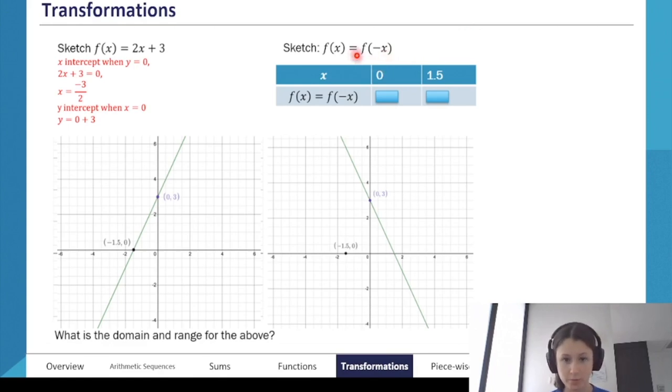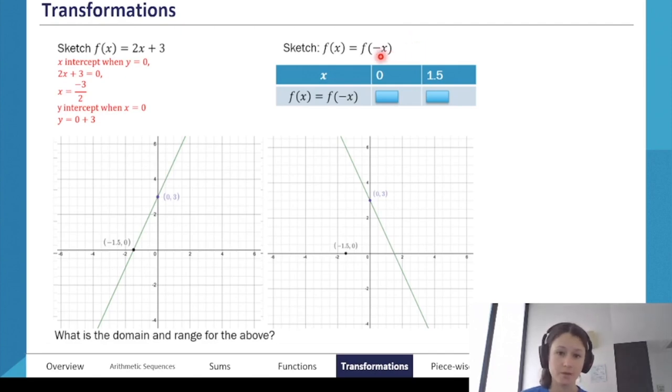We've gone over where you put a negative out the front of the function, but where you actually make x negative is a different type of reflection. Before we were reflecting in the x-axis, but if you change the sign of the x value, now you're going to be reflected in the y-axis.